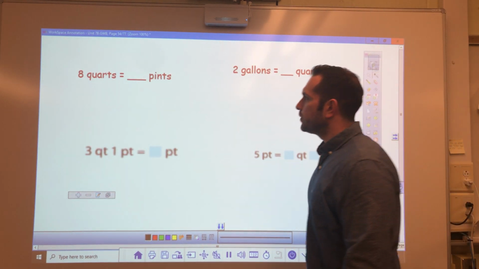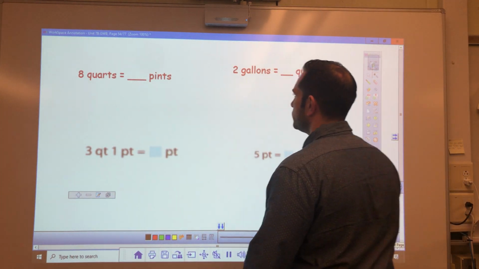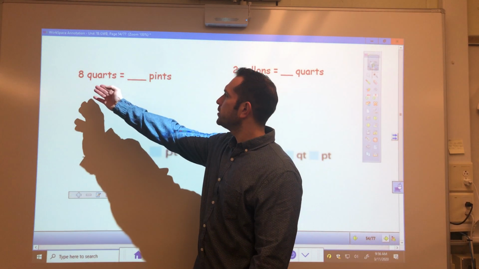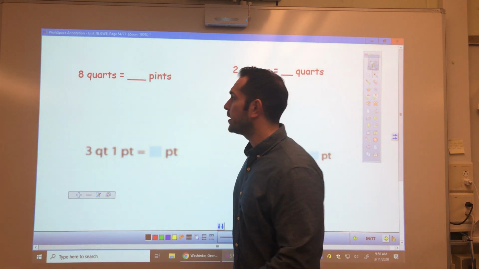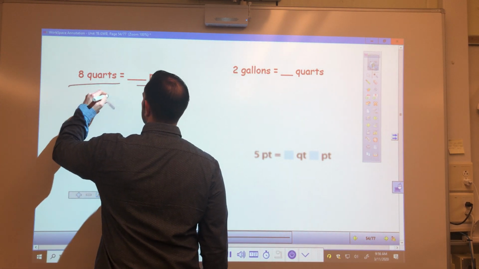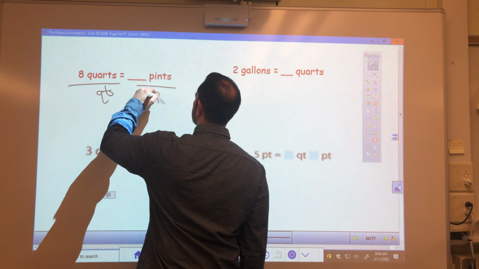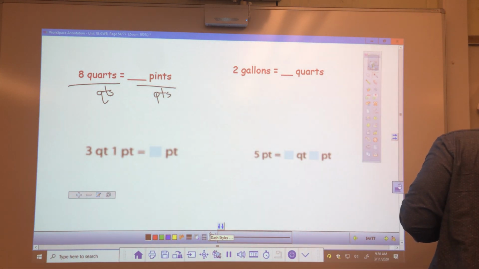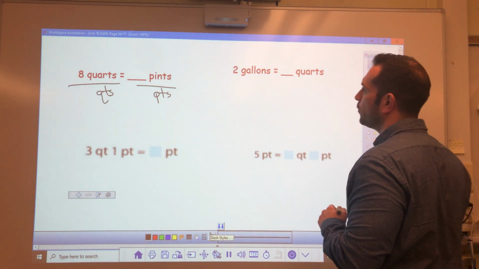So for this situation, we have 8 quarts equals something pints, okay? I want to convert quarts into pints. So I set up my ratio, and I want to do quarts to pints. I know that there are 2 pints in every quart.